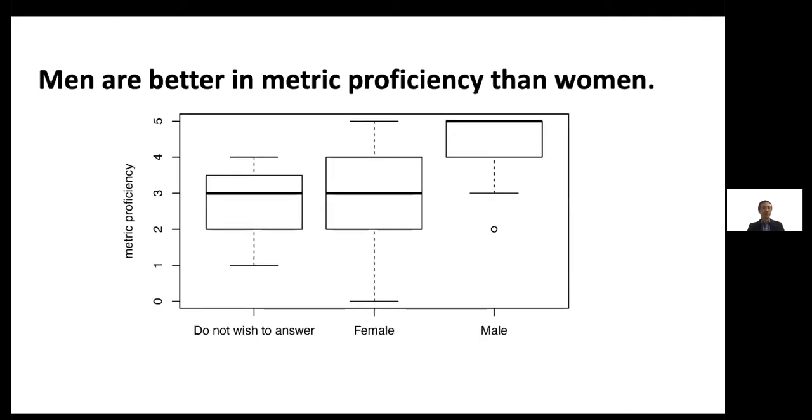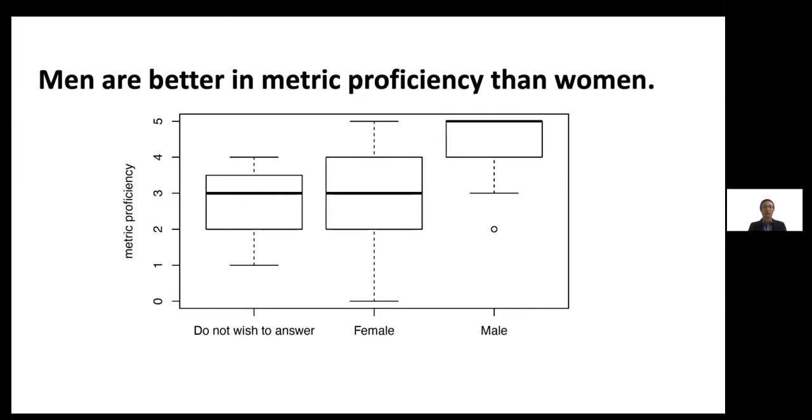Once we have all those questions, we can convert them into numerical scores, and then we can use that to teach data science. This is one example when I offer this data set to students in my data science course or bootcamp. When they analyze the data, the first thing they find is that men are much better in metric proficiency than women. This is the box plot.